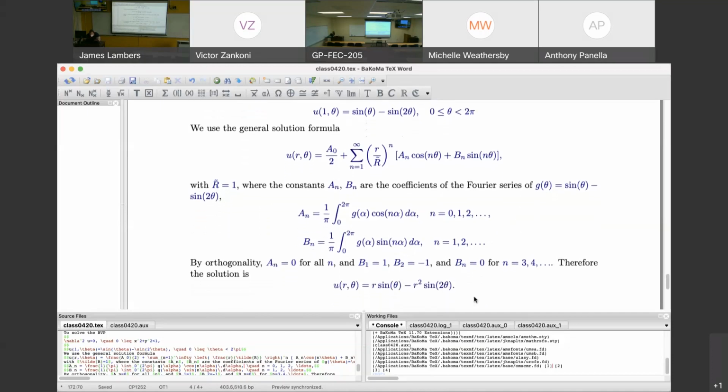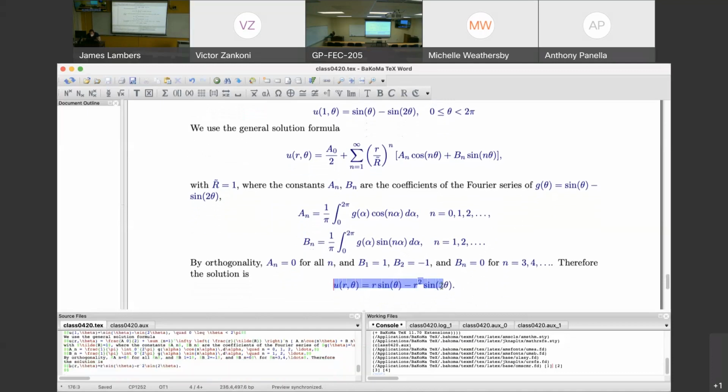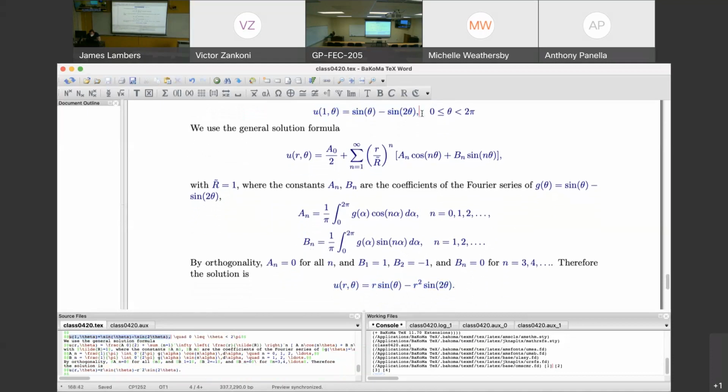So we're just going to have these two terms, and if you compare our solution with the boundary data, it has the same form.